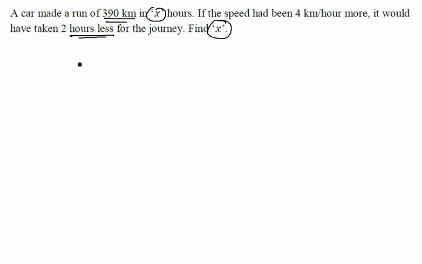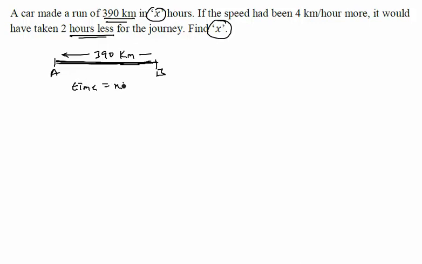Right? So let us assume that the car went from this A point to B point, right? So this distance is how much? This distance is 390 kilometers. Now it is already given to us that time is how much?